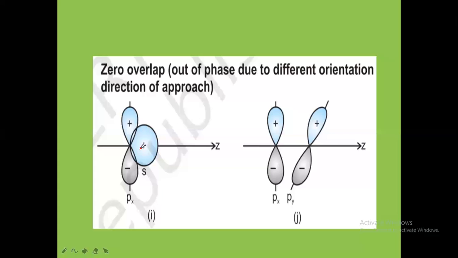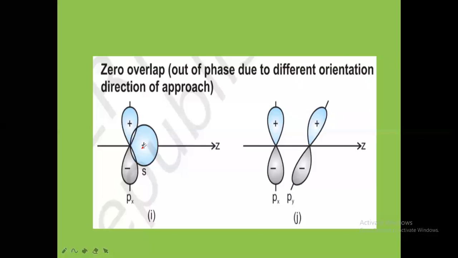When these two orbitals approach each other, they are neither parallel to each other nor along the same axis. Proper orientation is not there between these two orbitals.